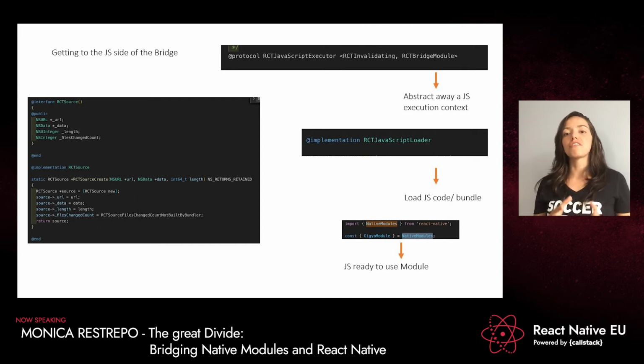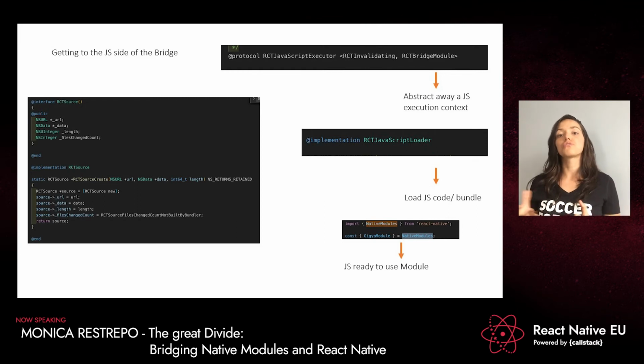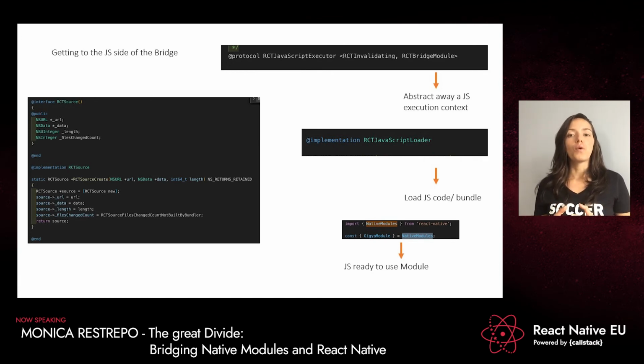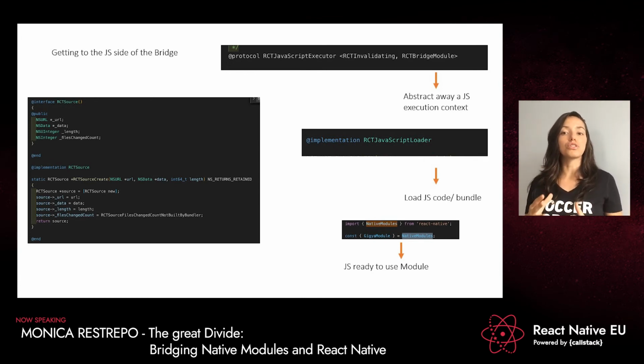Then we move into the JavaScript loader, whose role is pretty intuitive. It just loads the source code from whatever provider was specified. Usually, it loads the source from the packager during development, or it loads it from the disk in production. Once everything is ready, we can load the application source code in the JavaScript core virtual machine that will copy the source, parse it, and execute it.